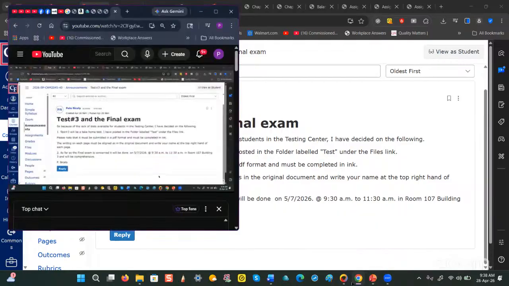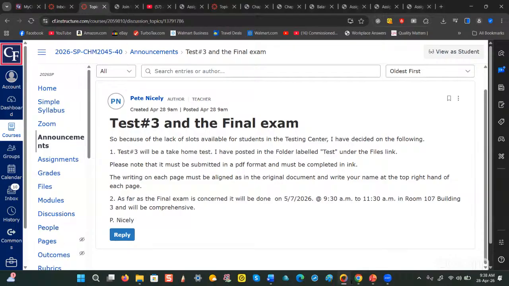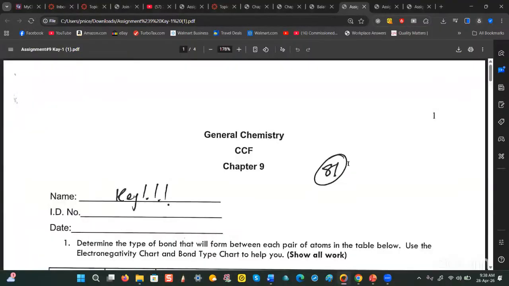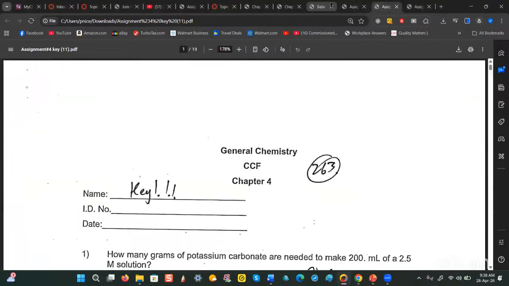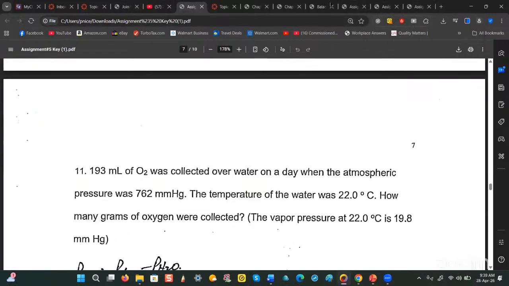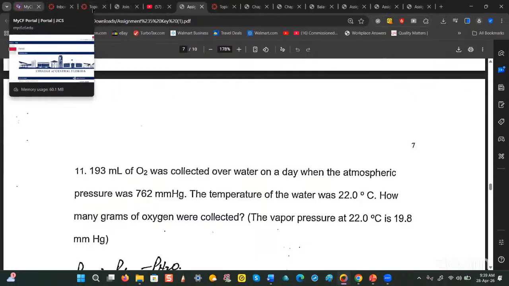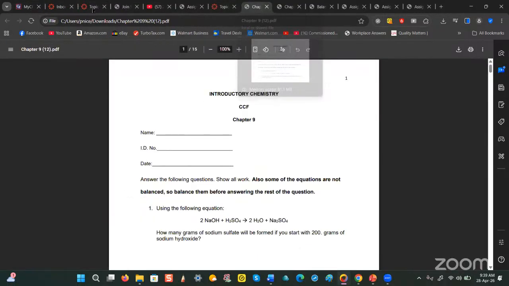Let me see here. In the assignment, I forgot what assignment number it is. 10. Assignment 10. Yeah, that sounds about right. I just had it here. Where is it? Okay, I hate when this happens.